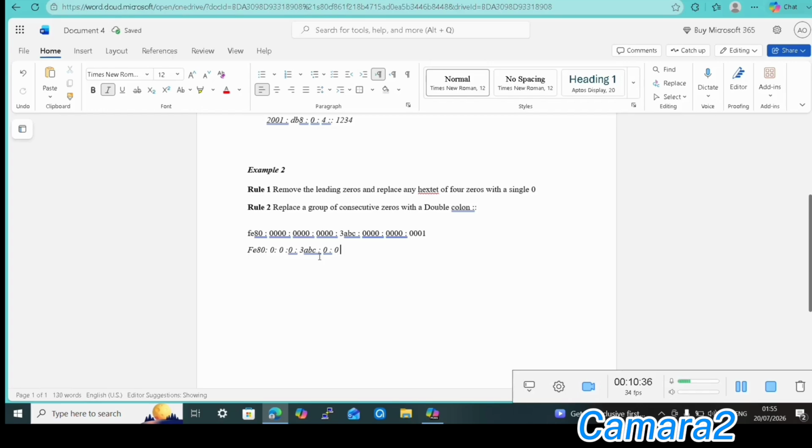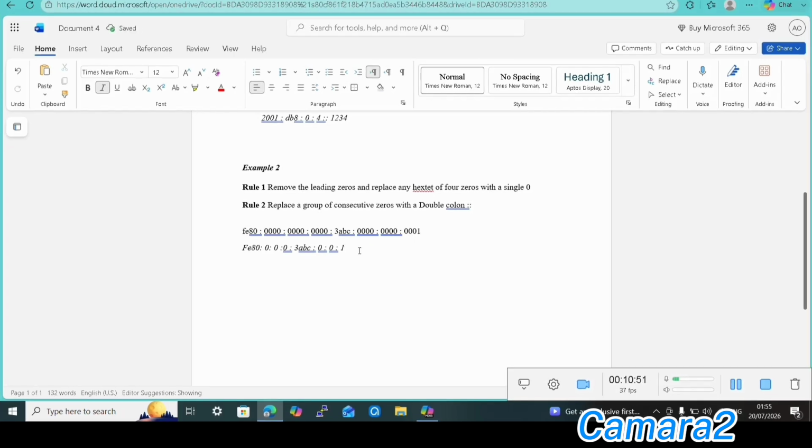Then the final one, we have 3 leading zeros. So we ignore all these 3 zeros because they are leading zeros. They came first before a number. So we ignore them and only write the 1. Here now we have applied our first rule, and we have replaced the hex state with 4 zeros with a single 0. Now let's move on to apply our second rule to get it more simplified.